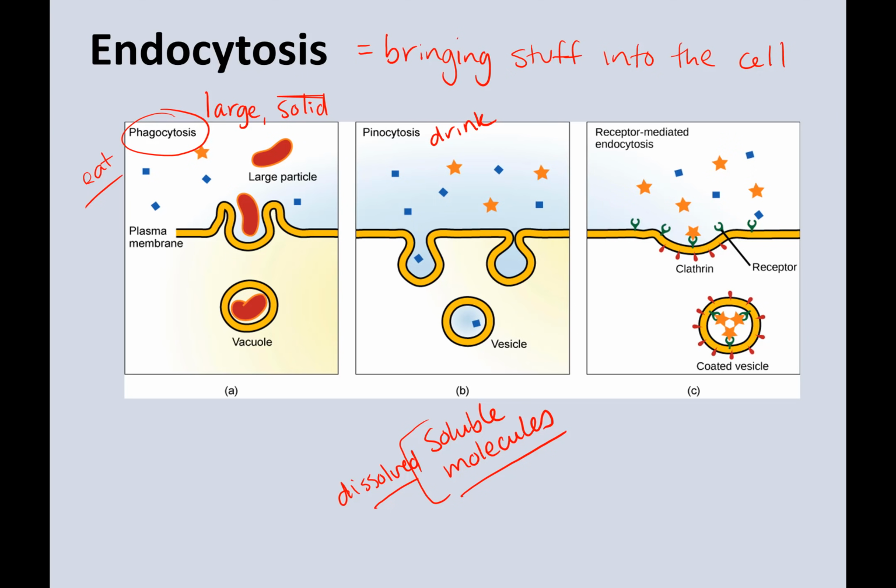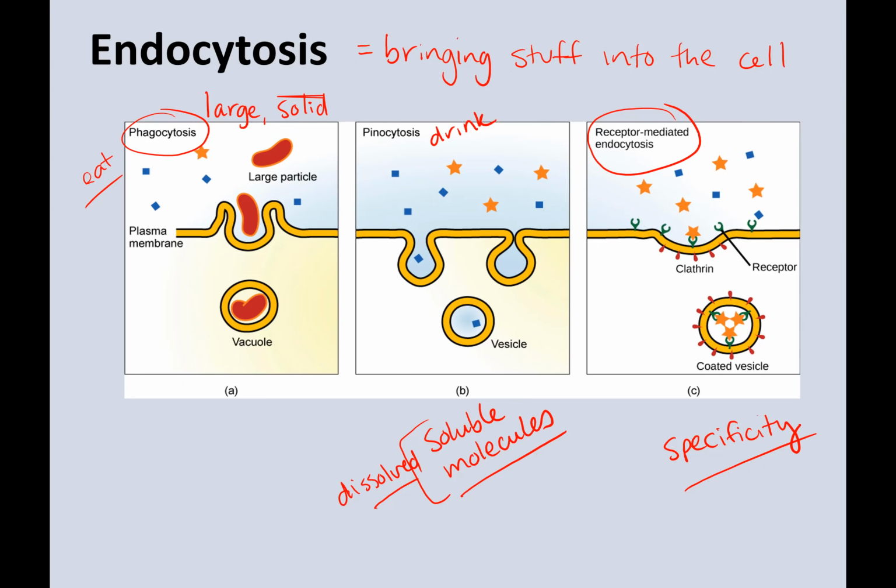And the third type that we're going to focus on is receptor-mediated endocytosis. And this has a degree of specificity. Because you're bringing in something that specifically can bind to the receptor on the plasma membrane.